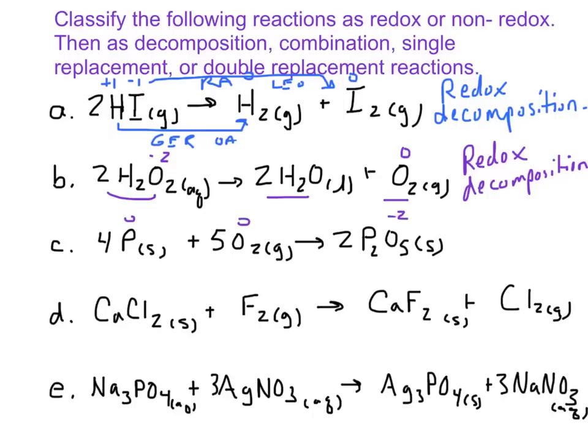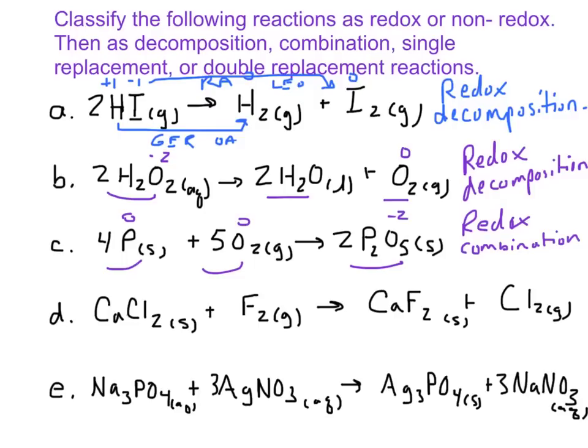If they had asked me which was oxidized and which was reduced, then I'd need to know more, but this did not. So just because I know they went from zeros to a charge, then I know it's a redox also. And I've got two things here going to one. So I'm combining it, so this is combination or synthesis if you remember that name. But I think they'll be using combination for this one.